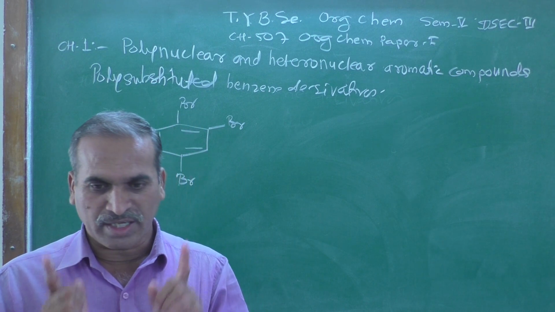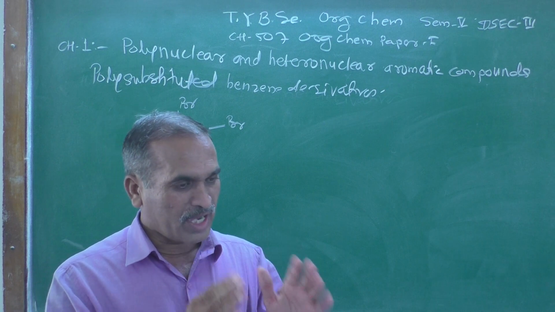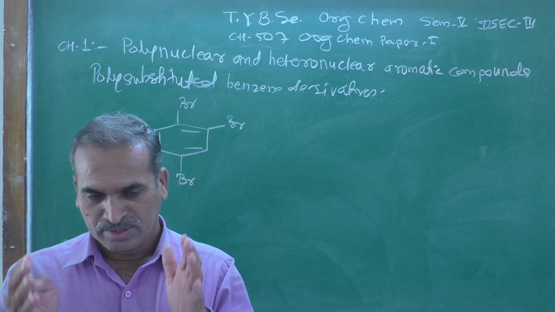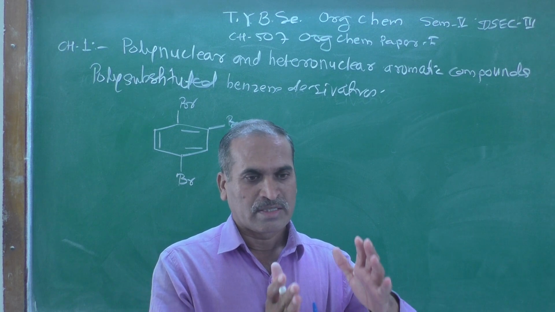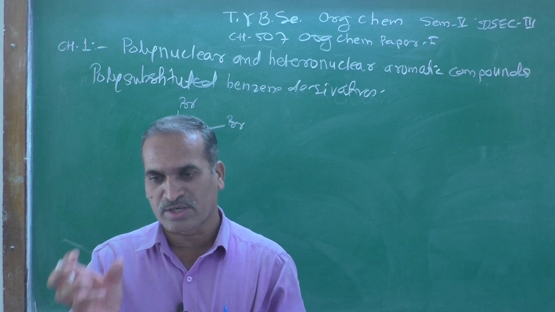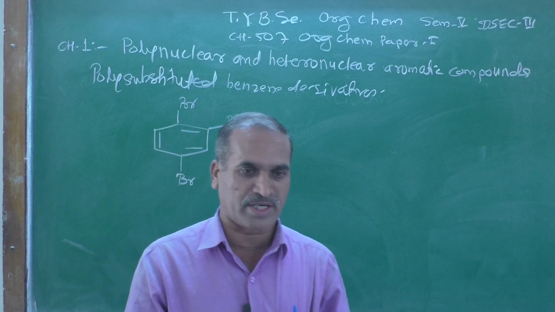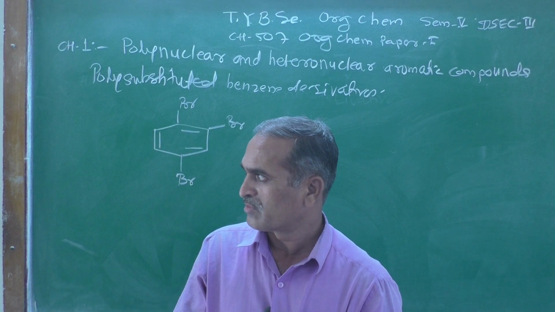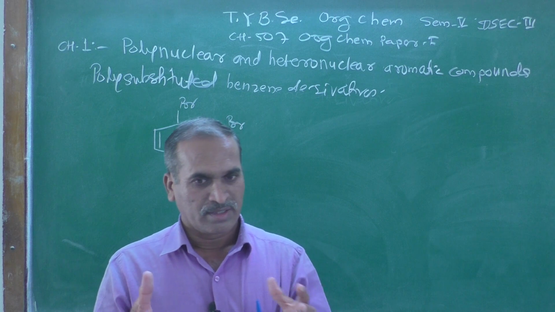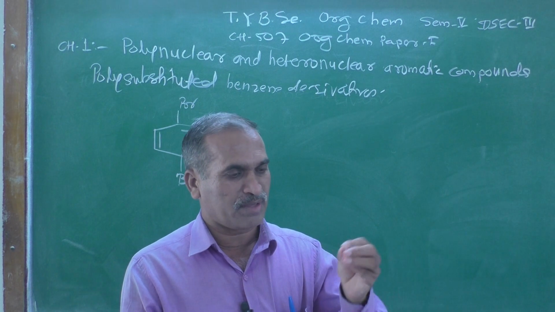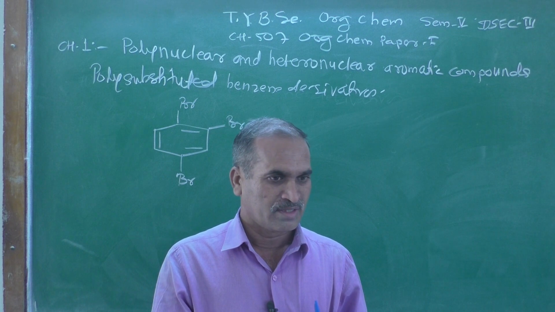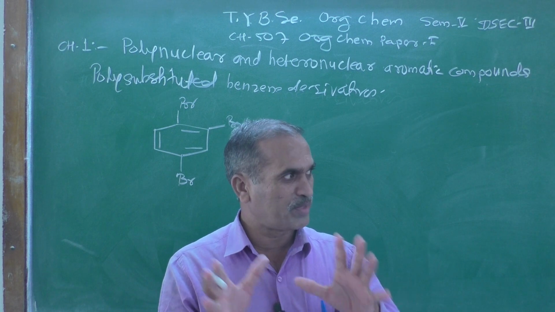because in the case of a disubstituted benzene derivative, maybe the same substituent or different substituents, I am talking about disubstituted, there is a numbering system, as well as different isomeric forms.